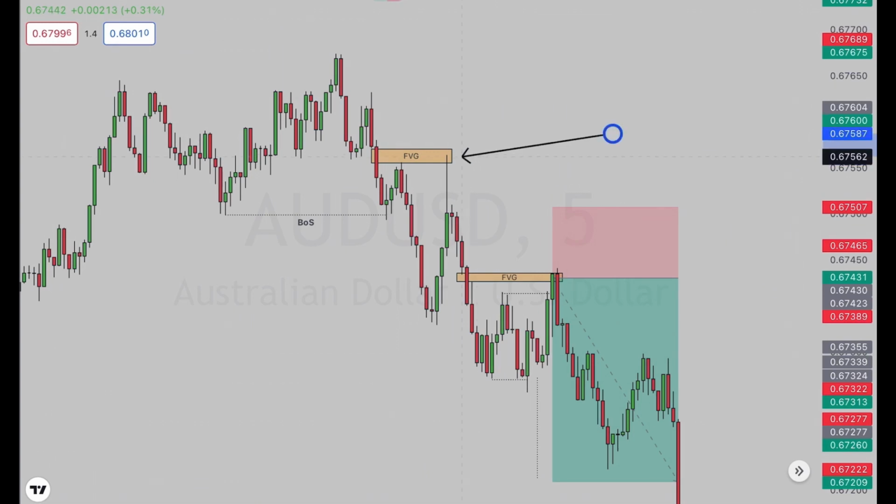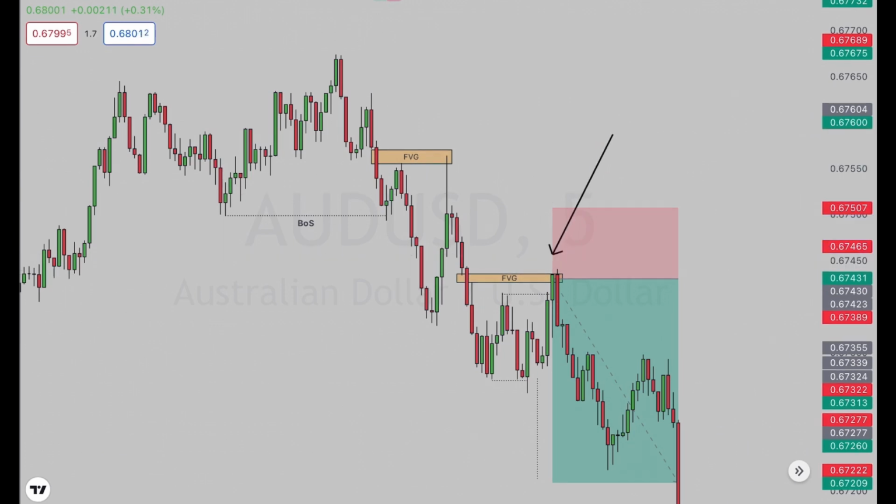What I mean by that is that of course we know that after the liquidity grab happens, price will reverse, but you cannot know when it will reverse. Then you come to a fair value gap and you use that. That is your answer. There you go.